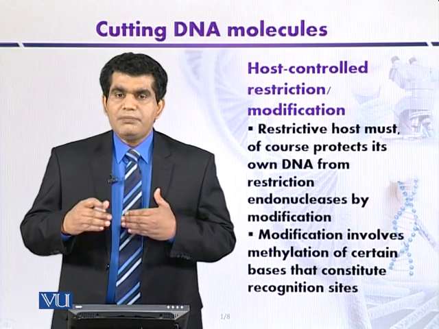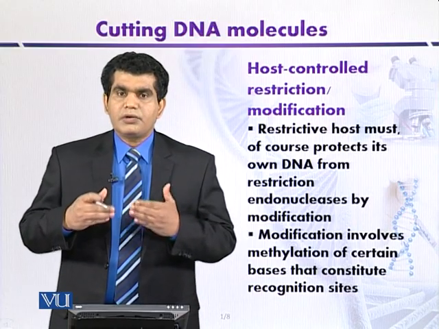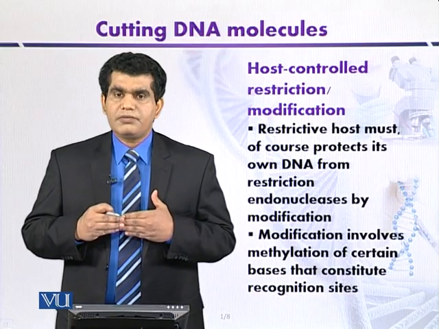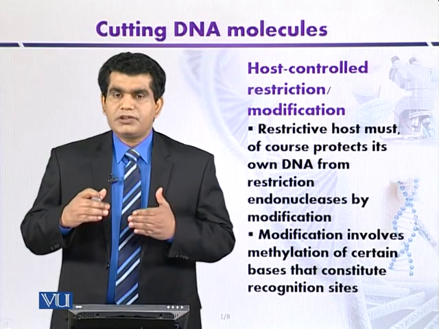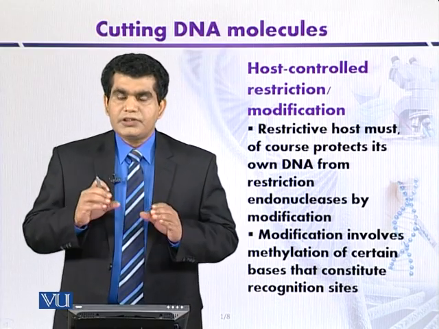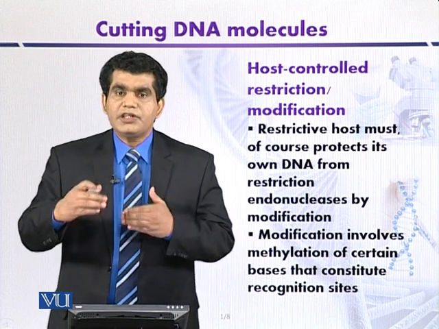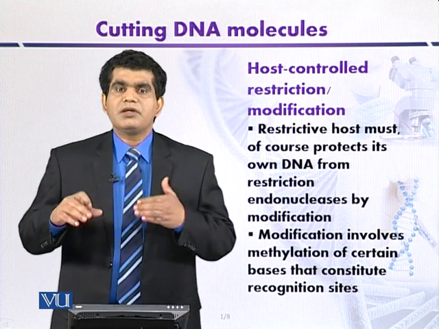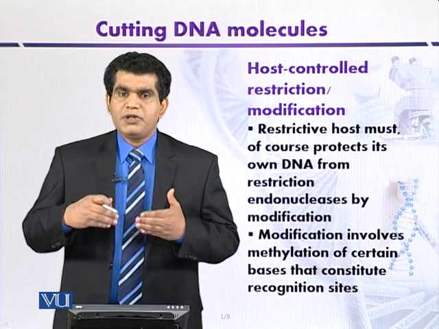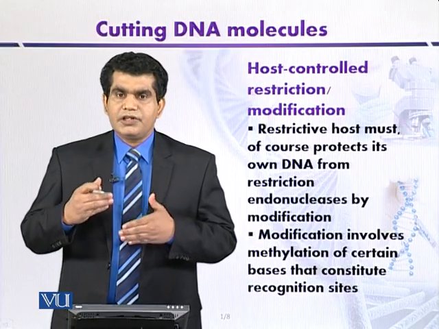The main mechanism is that the host organism protects its own DNA from the target of restriction enzymes by the process of methylation. Within certain recognition sites where restriction enzymes can attack, the DNA is methylated, or modified. That is why it is protected from the restriction enzymes.